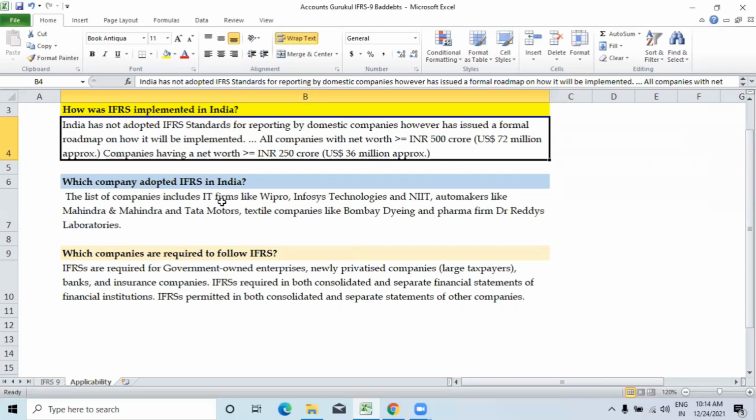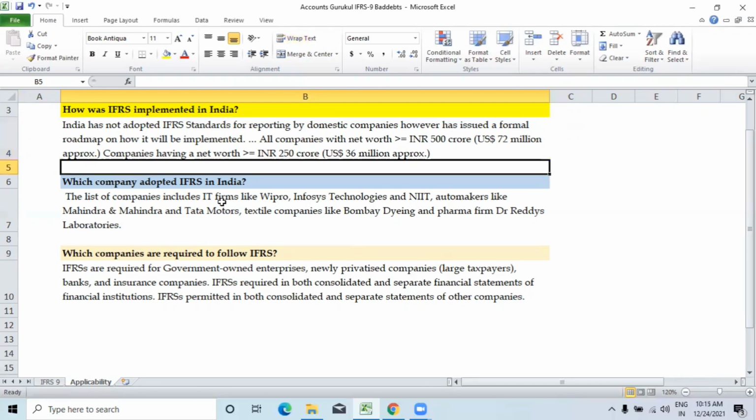Companies with a net worth of INR 500 crores, that's US dollar 72 million approx, and companies having a net worth of INR 250 crores, that's US dollar 36 million approx, are all going to implement this IFRS.